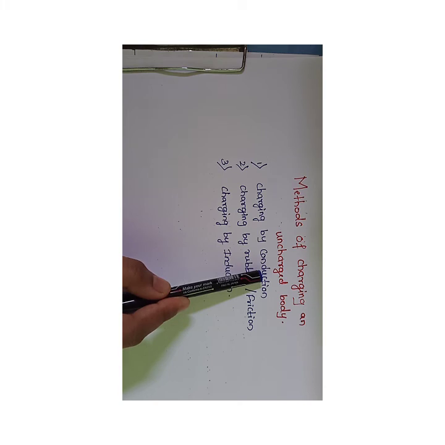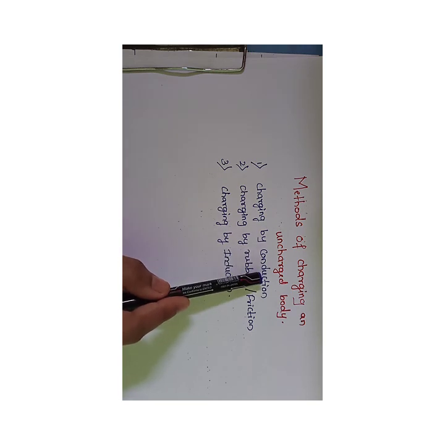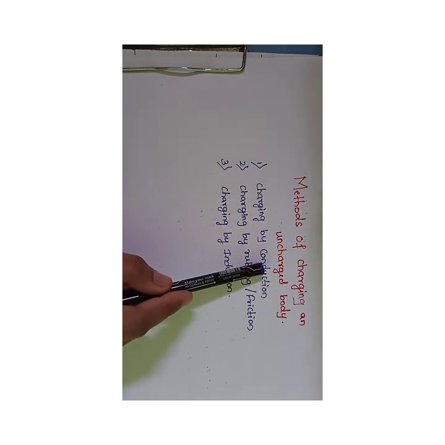The uncharged body is brought in contact with the charged body, and the same kind of charge is acquired by the uncharged body. So charging by conduction is the process of charging an uncharged body by bringing a charged body in physical contact with it.